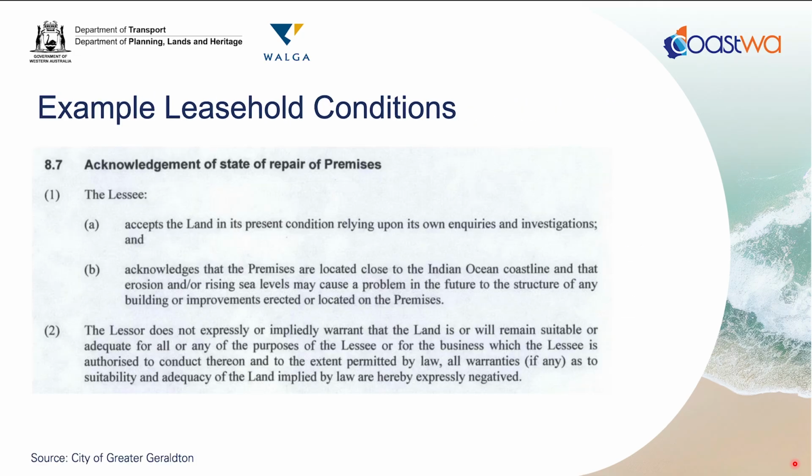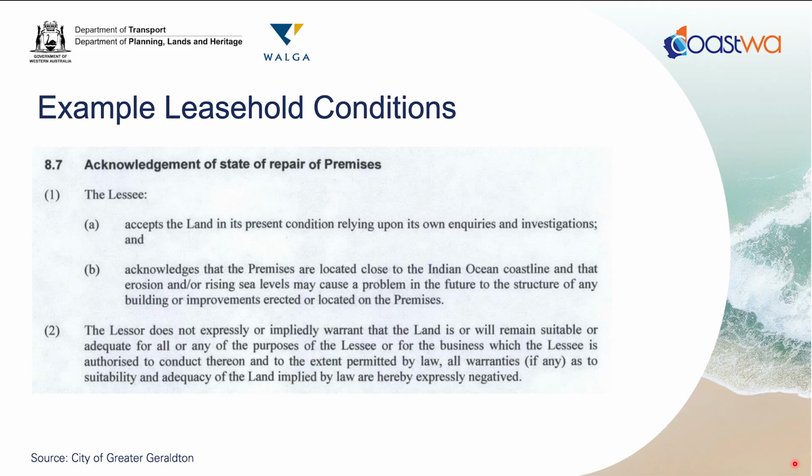So this is the Point More example that I was referring to. Essentially, the conditions are acknowledging the potential impacts on the premises. It says the lessee accepts the land in its present condition and acknowledges that they are located close to the Indian Ocean coastline and that coastal hazards may cause a challenge in the future.